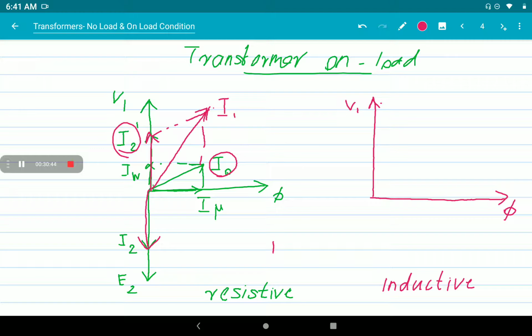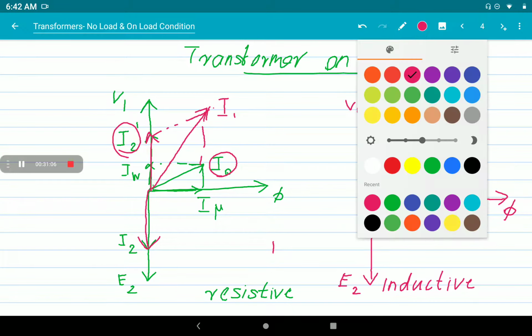Now I am not considering the magnetizing current and working component separately. You know that the current I0 will be like this, the vector sum of magnetizing current and working component. This will be your I0. And the induced EMF in the secondary will be considered as equal and opposite to V1.